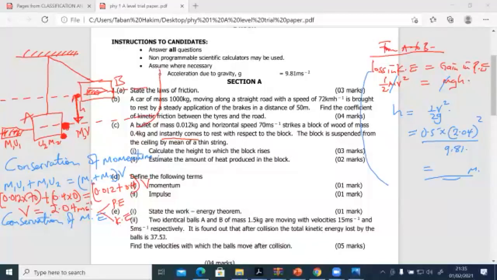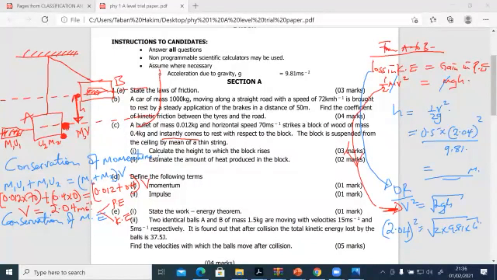Or you can simply say that from v squared equals 2gh, you have your 2.04 squared equal to 2 times 9.81 times h. This equation is simply coming from this, if you make v subject of the formula, that is how it comes.